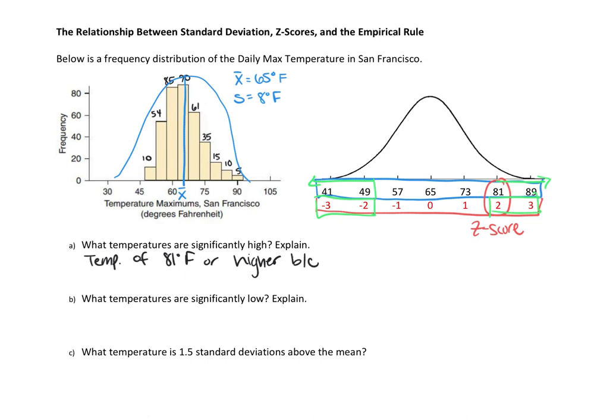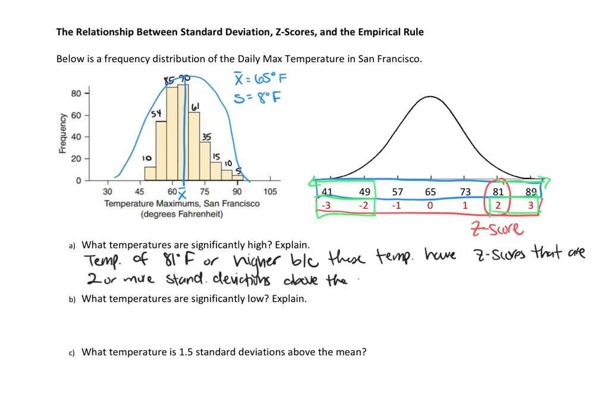And we can say that because these temperatures have z-scores that are 2 or more standard deviations above the mean. And if we take a look at the shaded area that marks 81 degrees and higher, according to the empirical rule, we expect that only about 2.5% of data values are going to be above 81 degrees.